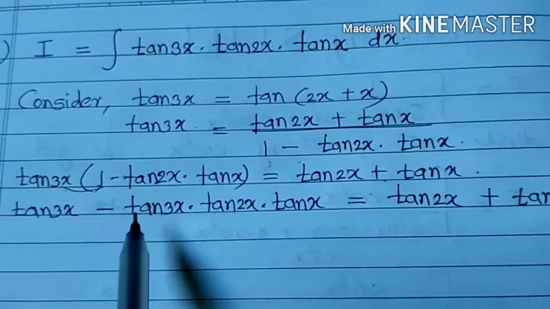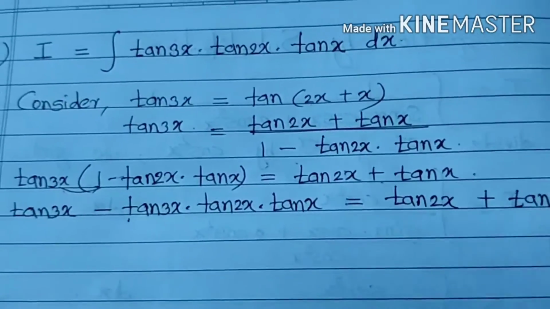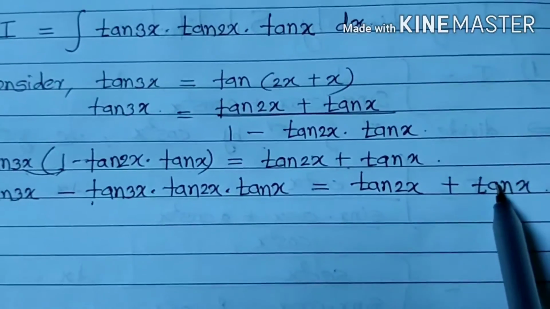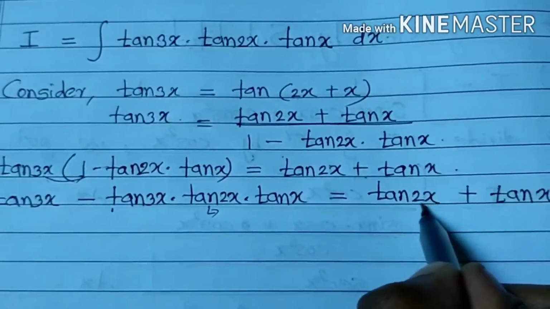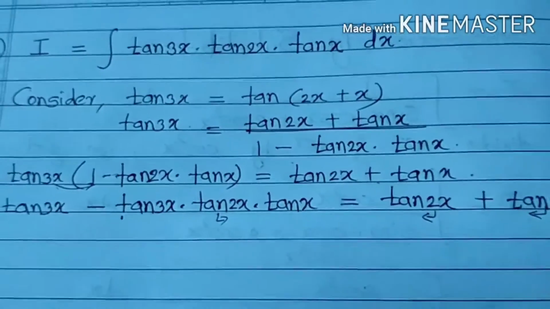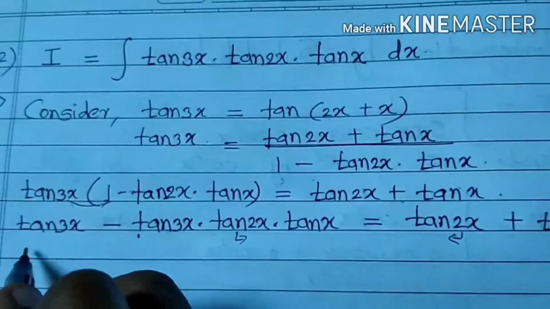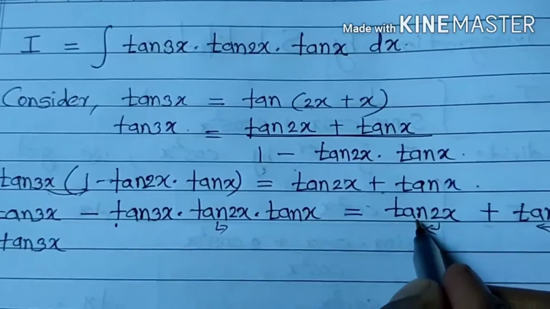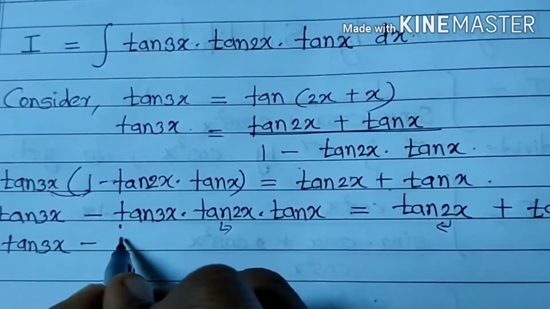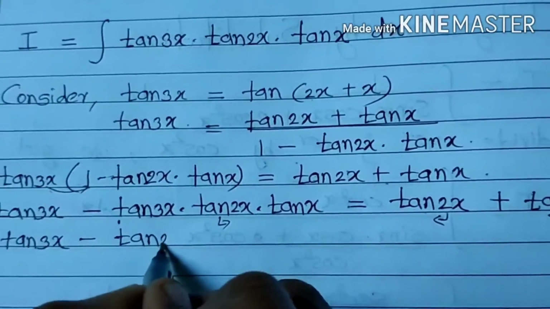Now this multiplication term goes to RHS side, and this RHS side term goes to LHS side. So this is changing of sides. Tan 3x, this is plus tan 2x, so it will become minus tan 2x.